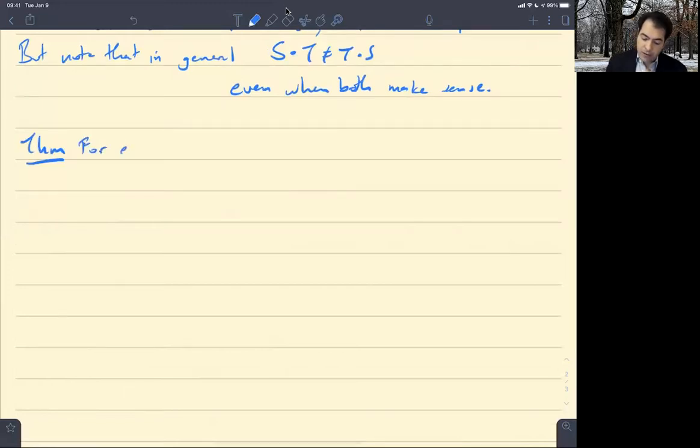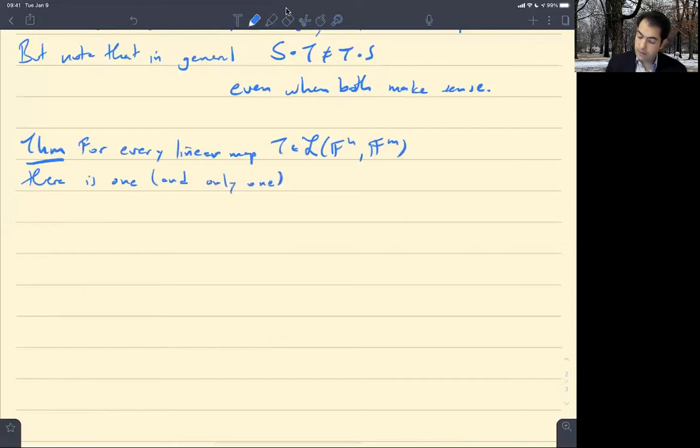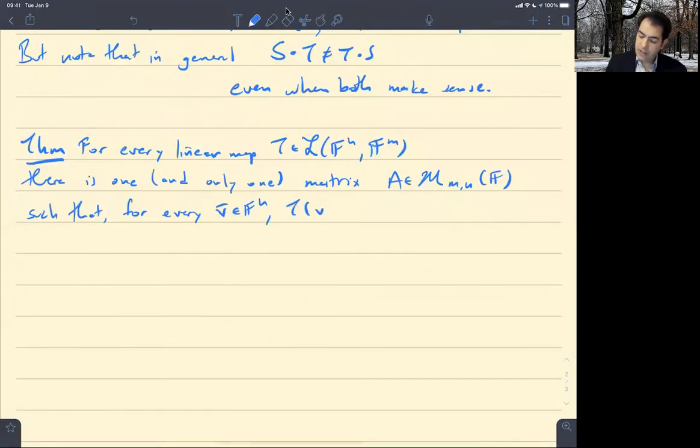For every linear map T between Fn and Fm, for any field F, we're just looking at very particular vector spaces, Fn and Fm, there is one and only one matrix A of size m by n such that for every vector in Fn, the image of that vector under T is exactly what you get by matrix vector multiplication.